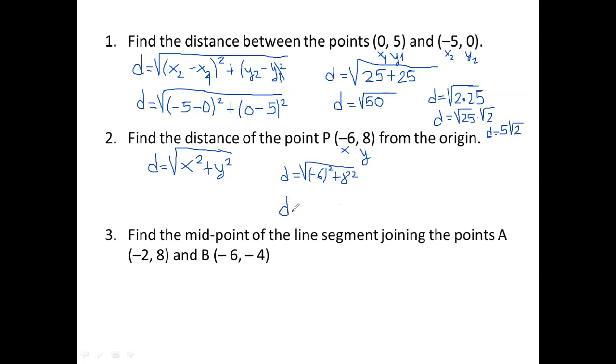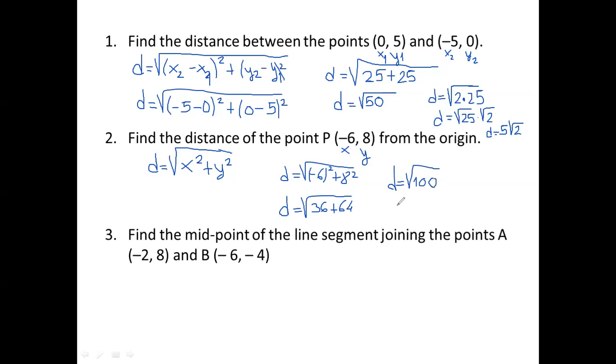Then the distance d will equal the square root of: -6 squared is 36, and plus 8 squared, that is 64. So d will equal the square root of 100.